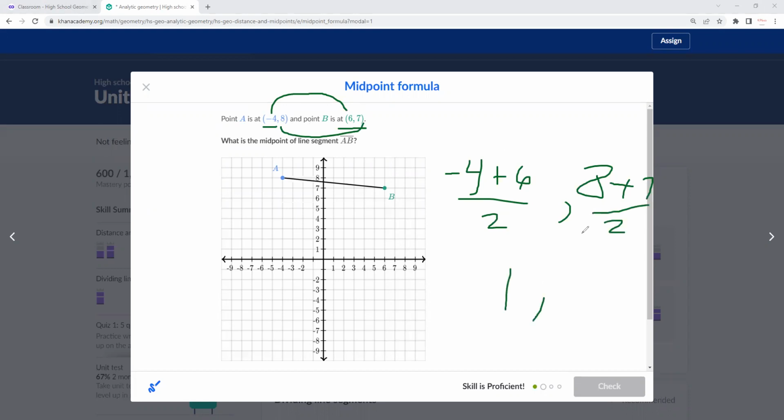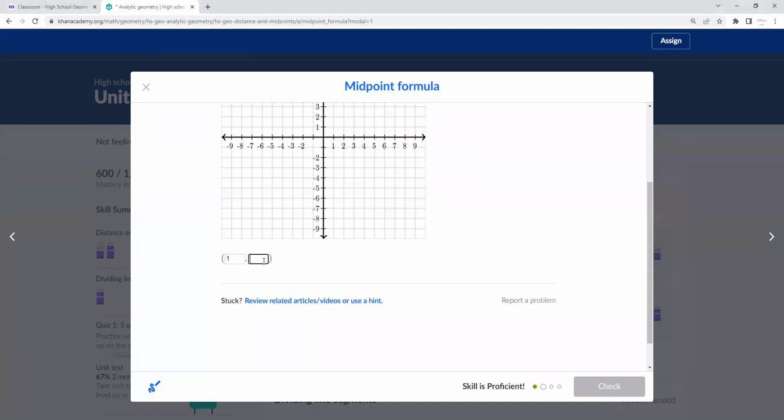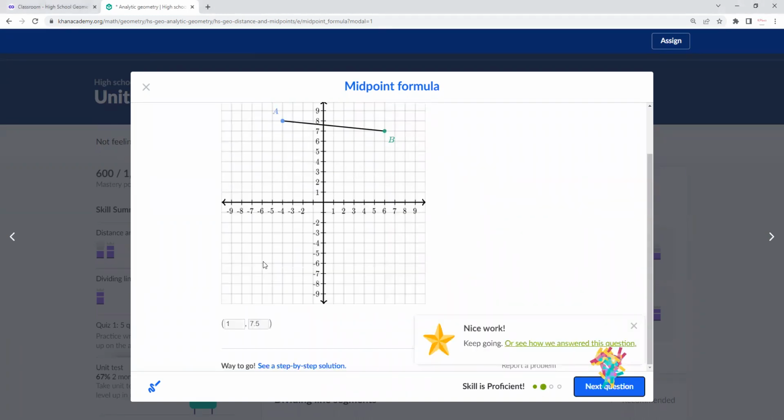This gets us 15 over 2, which is 7.5. So 1, 7.5 is our midpoint, which is right there. It's right on the line if you were to draw it. So 1, 7.5. So super easy formula.